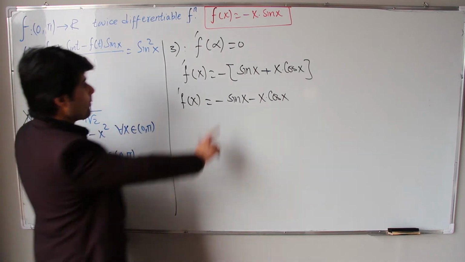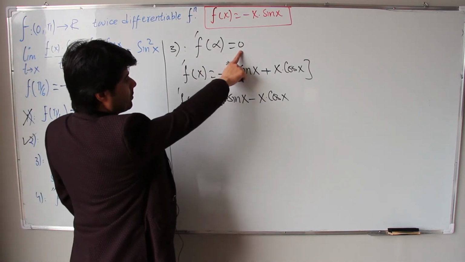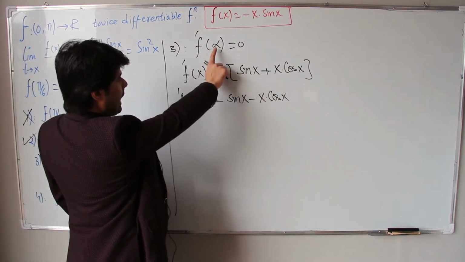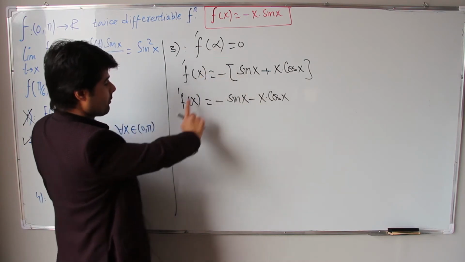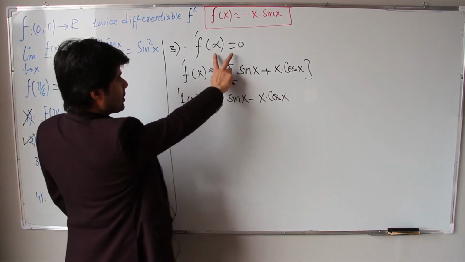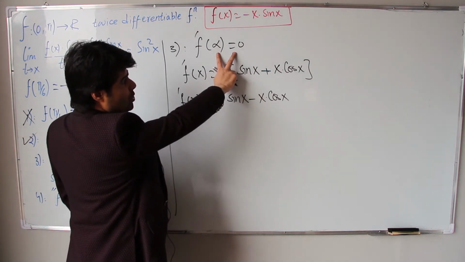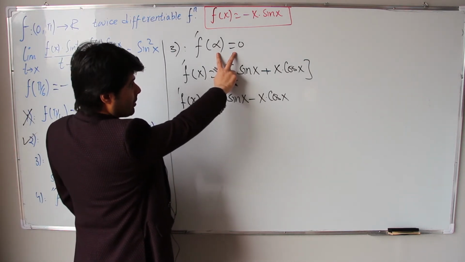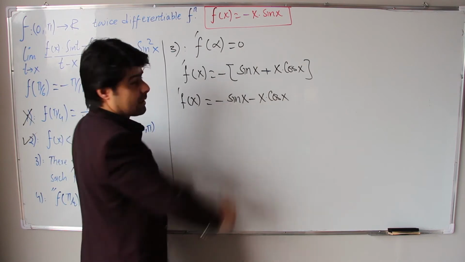Now f prime of alpha is 0. What does it mean? It means alpha is a solution of the equation, and its answer is 0.